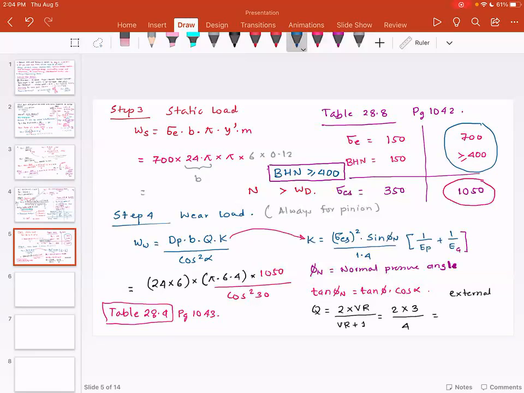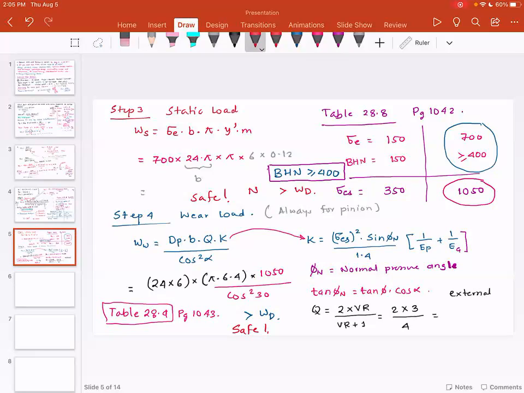The advantage of this trick is it would make sure that WW is greater than WD, which means the design, and this is super important, is going to be safe. Design is going to be safe. So your iterations or back and forth or calculations will be minimized.